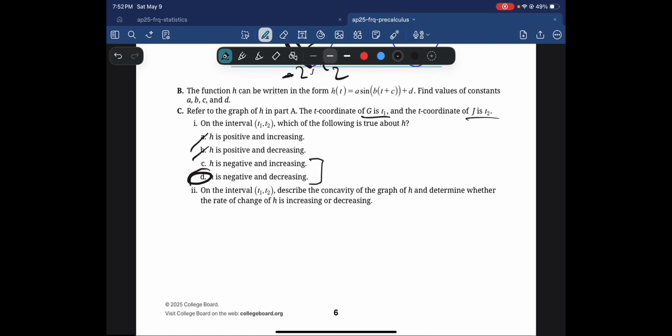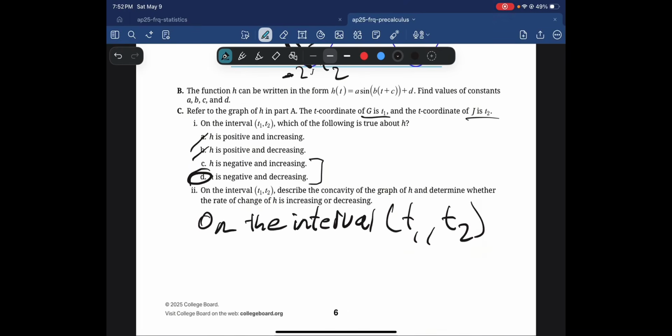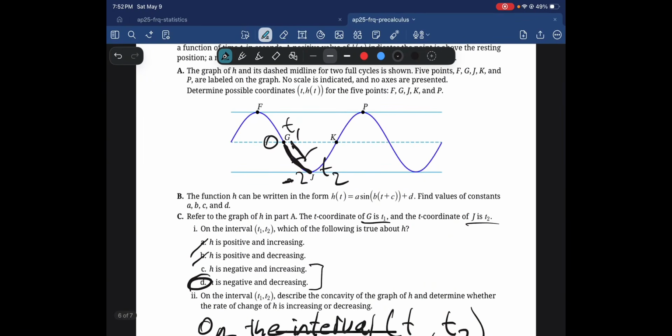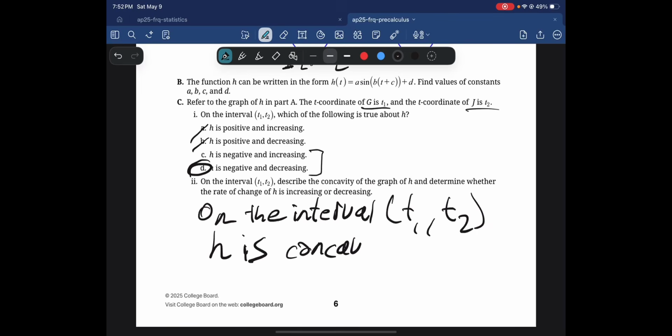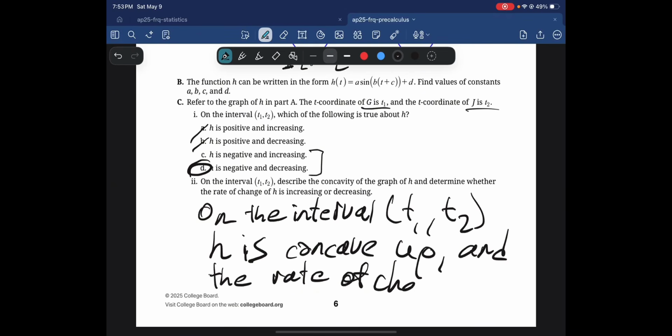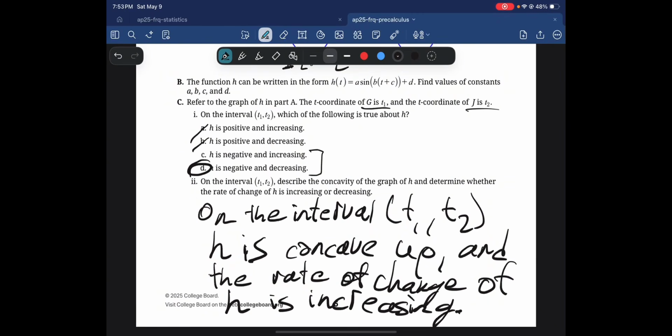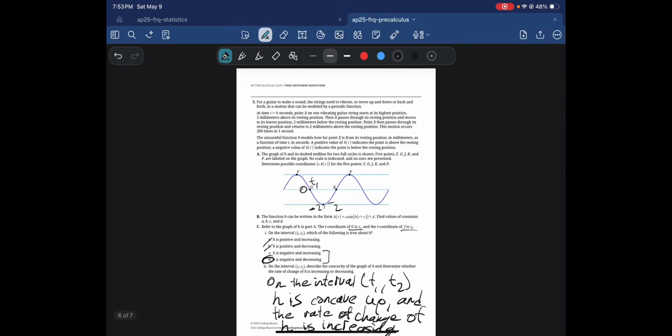So we'll say on the interval T1, T2, H is concave up because it makes that smiley face, and the rate of change of H is increasing. Very easy. That's all you have to write. It's super simple stuff.